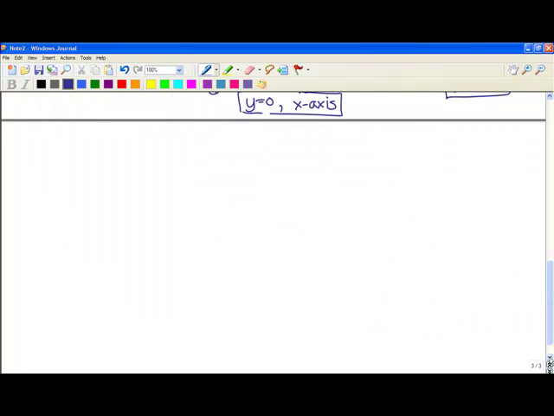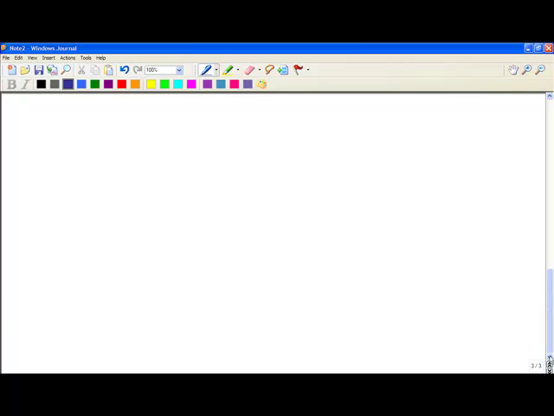Now let's take a look at a few examples of finding horizontal asymptotes. The first problem is f of x equals 3x divided by x to the third power. Now this function can be reduced if we factor out an x, to 3 divided by x squared. The degree of the numerator compared to the degree of the denominator will tell us what the horizontal asymptote is.